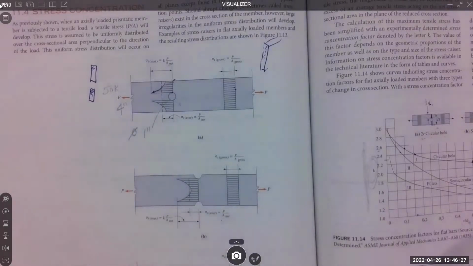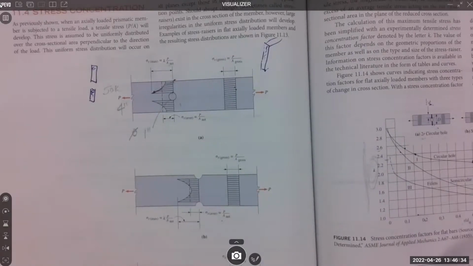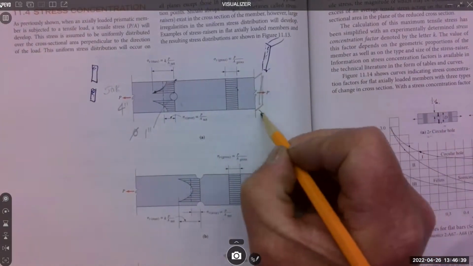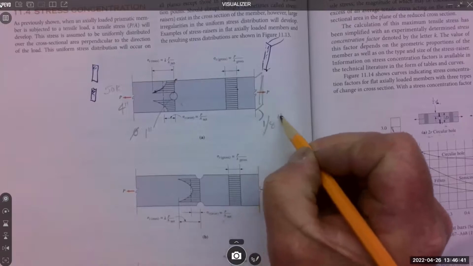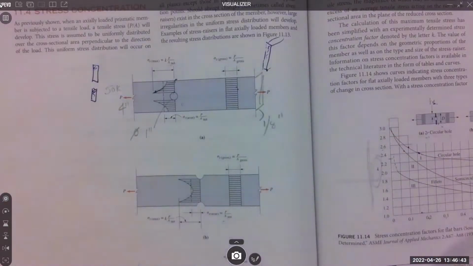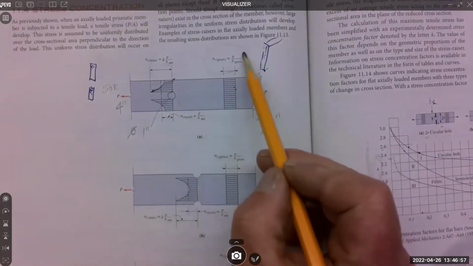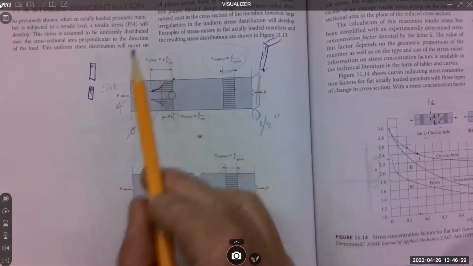So it's 4 inches wide, 50K pull, with a 1 inch hole popped in it, and we do need the thickness. I'm going to say this thickness is 1/8 of an inch. So it's a 1/8 by 4 plate, 50K pull, 1 inch diameter hole. We want to know what the average stress is, and what the maximum stress is.